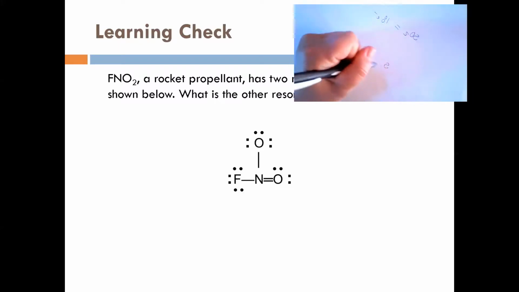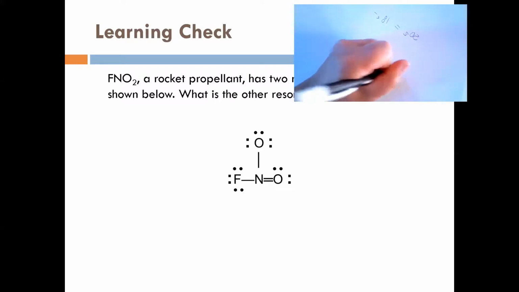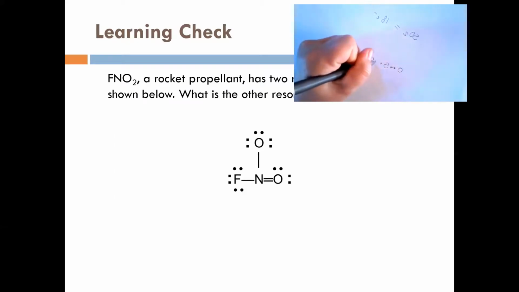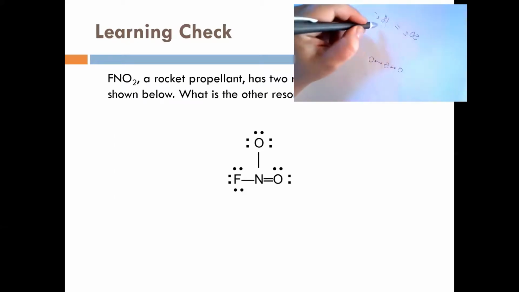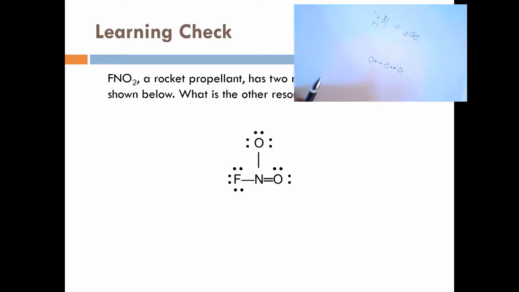Sulfur is going to go in the middle, and then we're going to put oxygens on either side. We're originally now going to start bonding together. So we're going to put one pair here, one pair here. So we're going to take away 4 and give ourselves 14. We now have 14 electrons to disperse between the others.